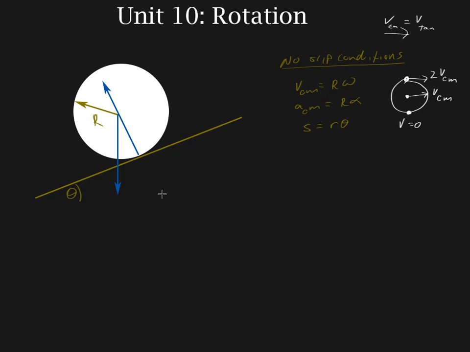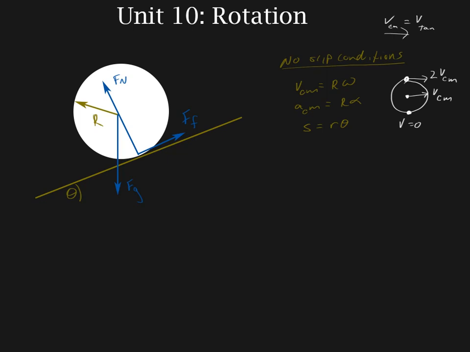Now, because we have rolling, it must exist, because if this were a completely frictionless surface, there would be no force causing the ball to roll. And of course, that parallel force is the force of friction, and that is going to have to point up the ramp in order to cause the ball to rotate in that counterclockwise direction as it goes down the ramp. Okay, so we have the normal force, we have the force of friction, and then we have the force of gravity.